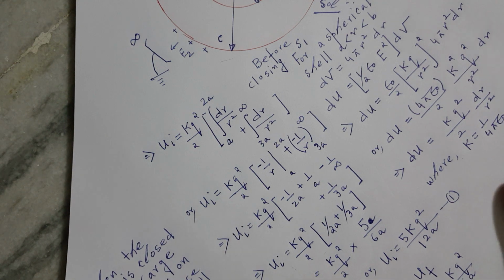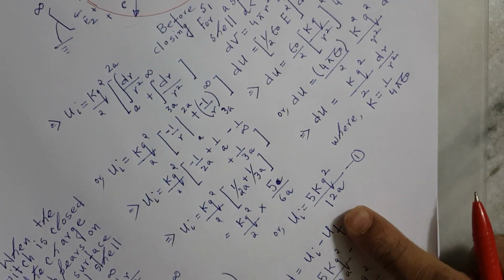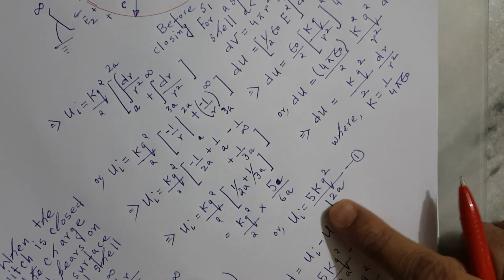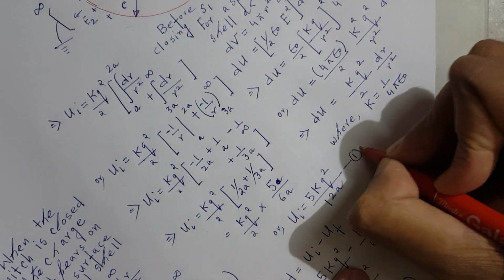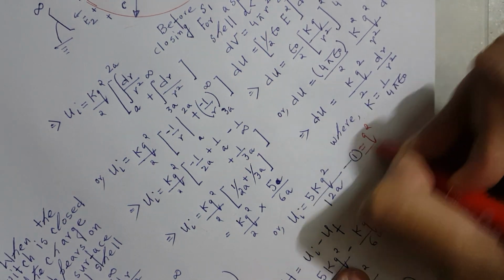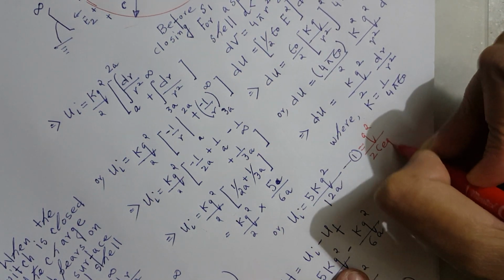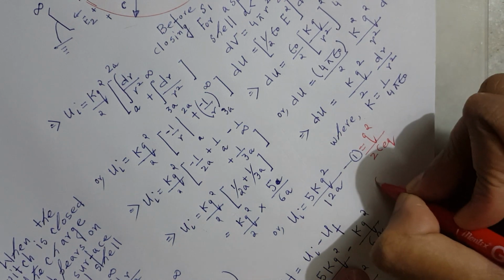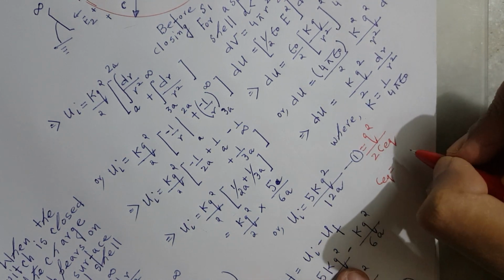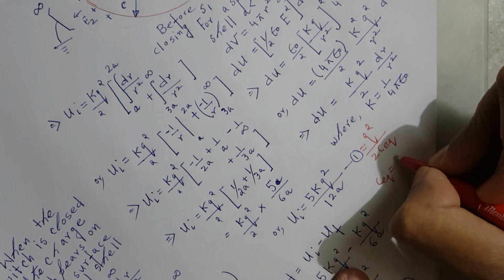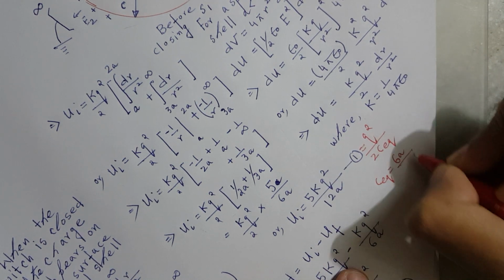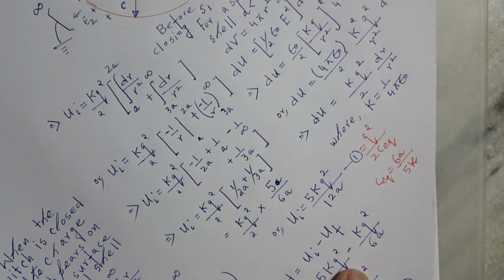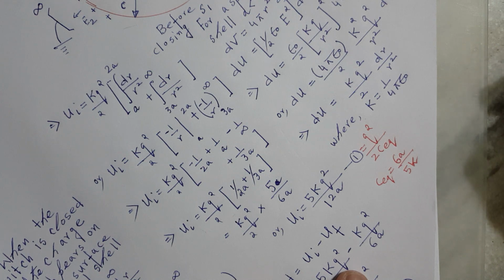heat. If you very carefully analyze this particular equation, the initial potential energy of the system, you compare it with q square by 2c equivalent. If you compare this, you will get C equivalent equal to 6a by 5k.